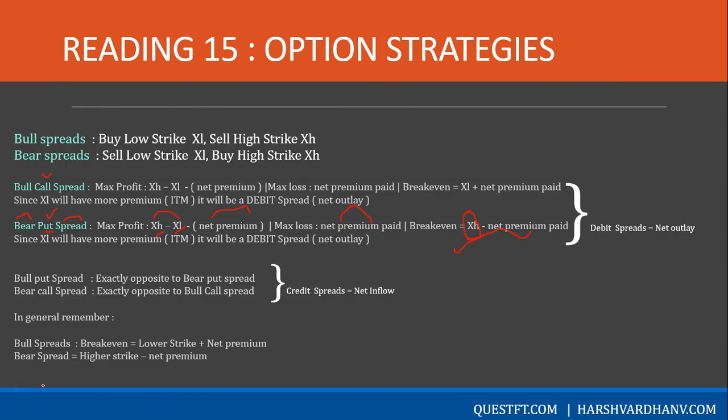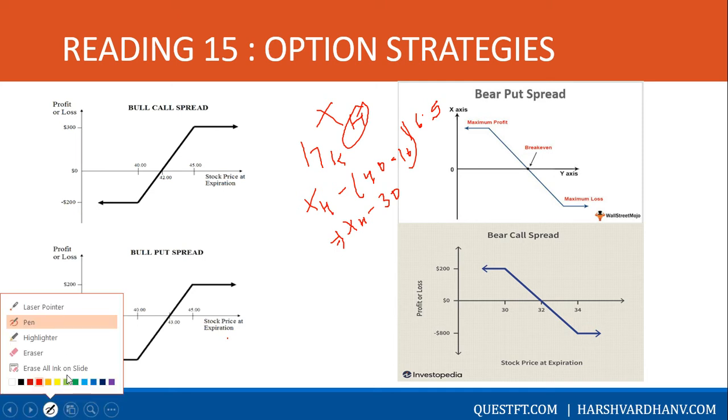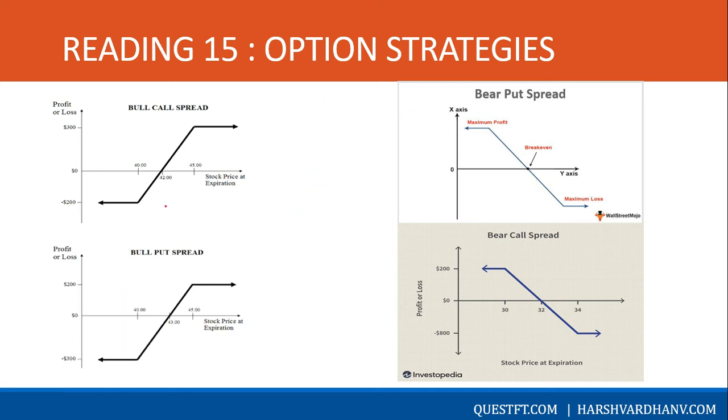So this was more from a spreads perspective. It's very intuitive once you start making the payoff diagram, or even start with the first position. If someone asks you to make a bull call spread payoff diagram, it's very simple. Bull means bullish, call. If you are getting into a call option and you are bullish, you'll obviously buy the lower strike and sell the higher strike.